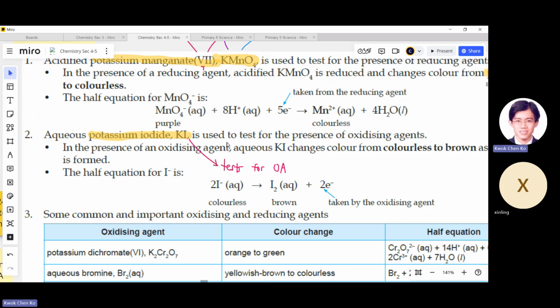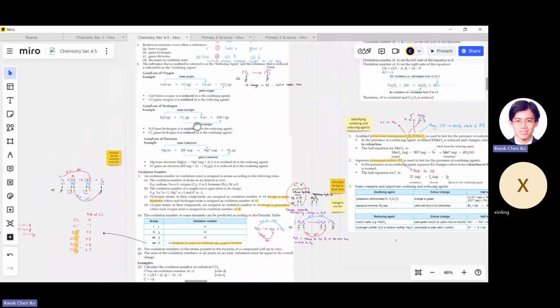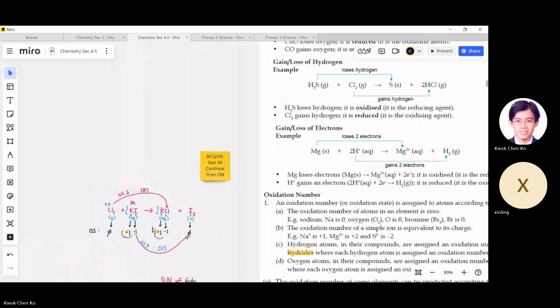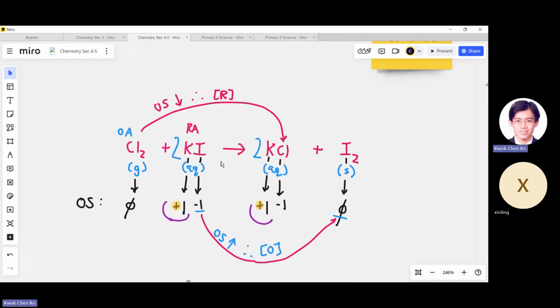Okay. But let's go back to our example. Go back to your displacement reaction. This one. Okay, you did it just now. Displacement reaction.